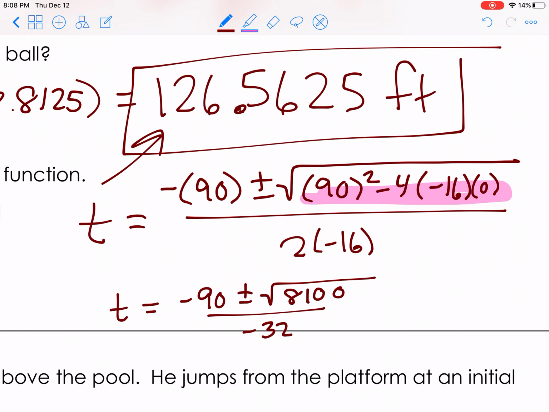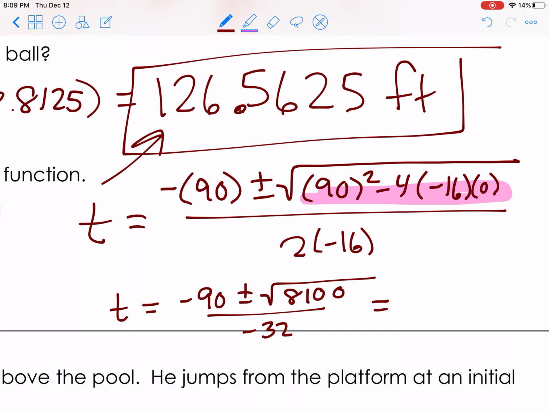Now, it's really easy to make errors along the way, so even though the square root of 8100 is going to simplify pretty quickly, I think it's worth writing it down, so if you're comparing work with a neighbor, you can see if you at least got that step correctly. It's really easy to make errors there.